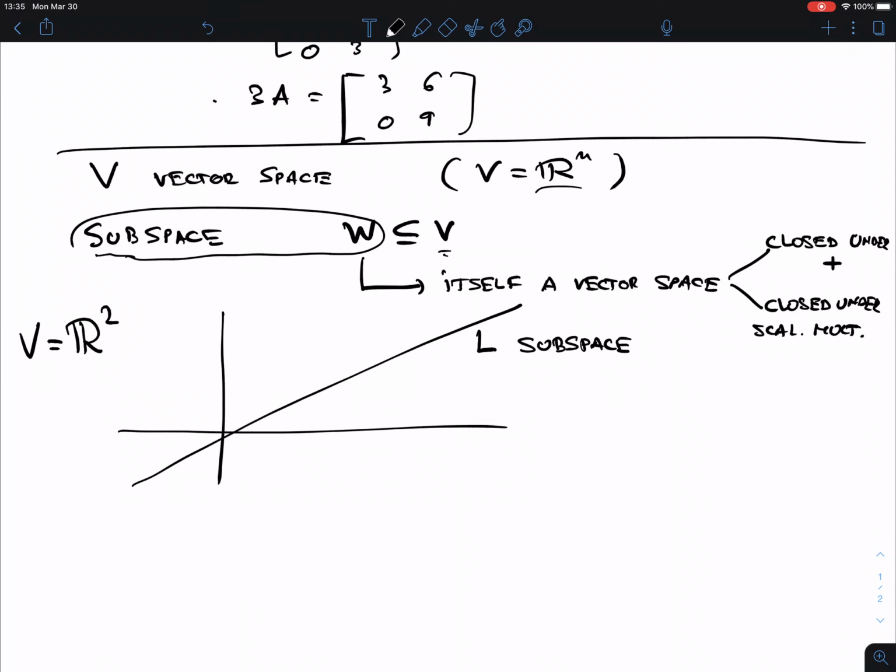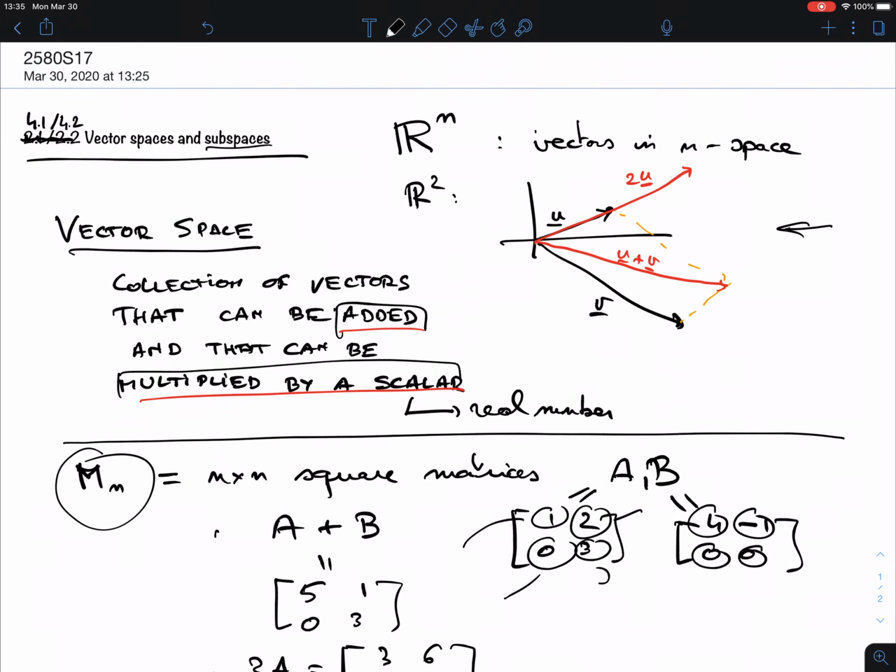That is what it means to be a vector space, right? I remind you, a vector space is where you can add two vectors.